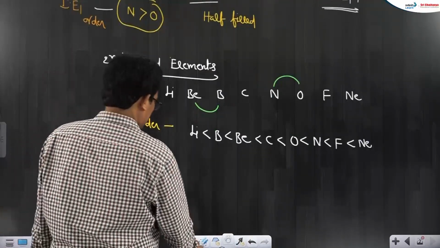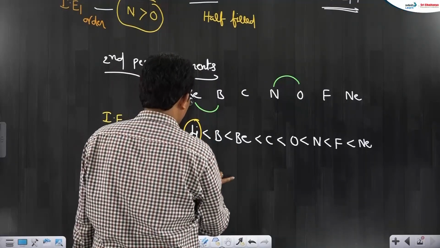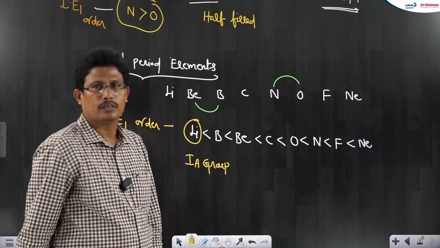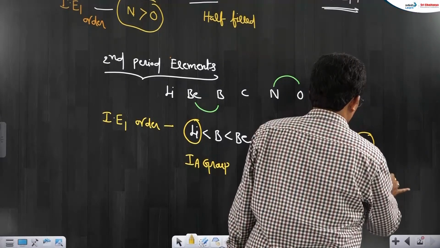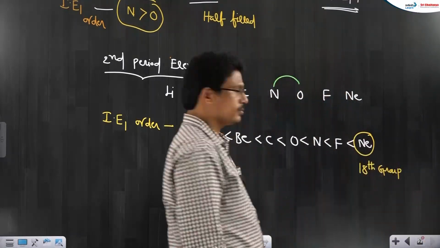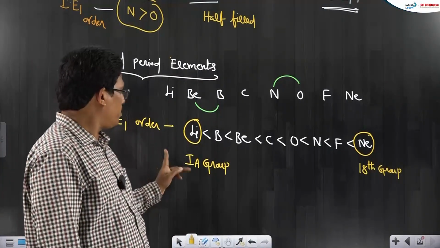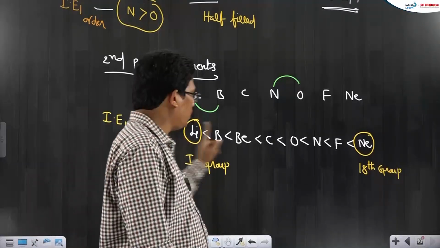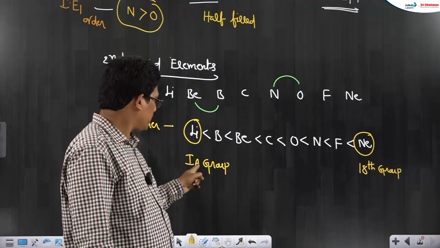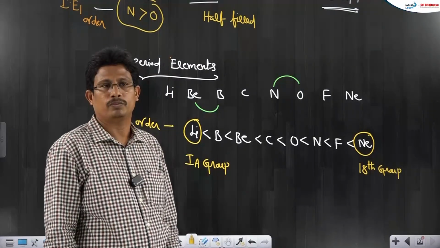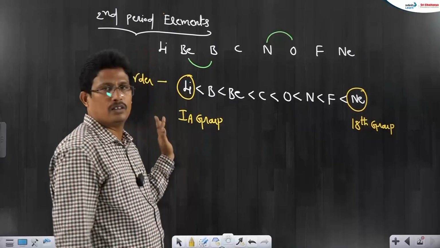Lithium 1A group, alkali metals. Neon 18th group, noble gases. So in modern periodic table, group of elements with the highest IE1 value is 18th group, group of elements with the lowest IE1 value is 1A group. For third period elements also we will write like this.